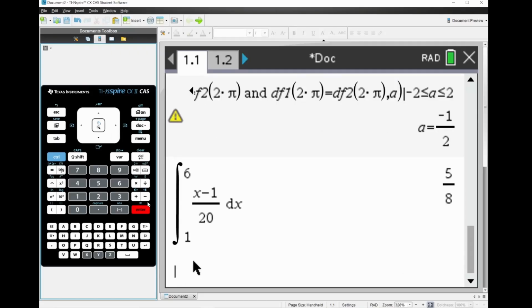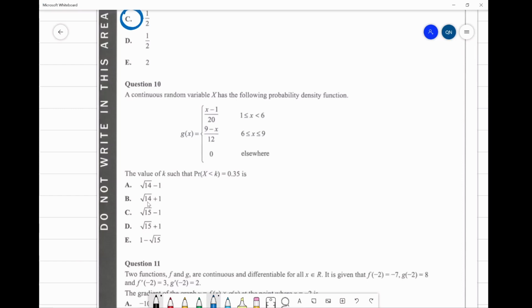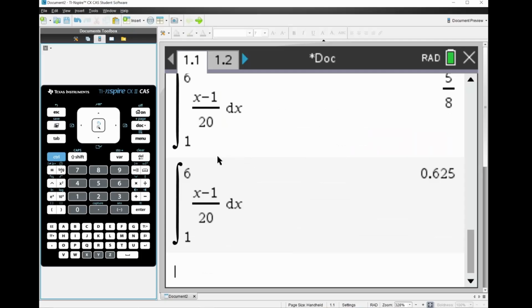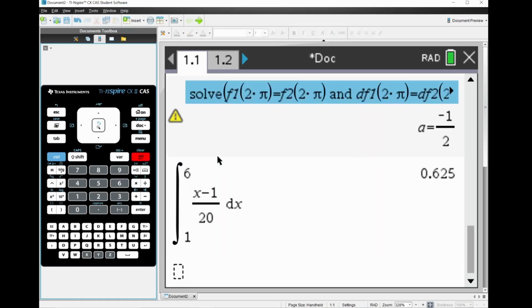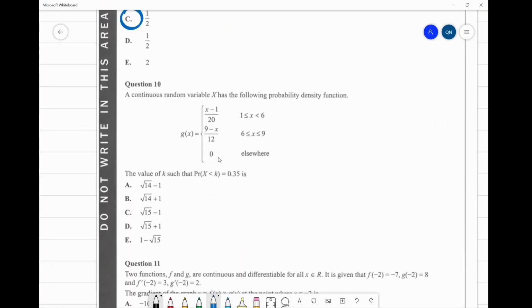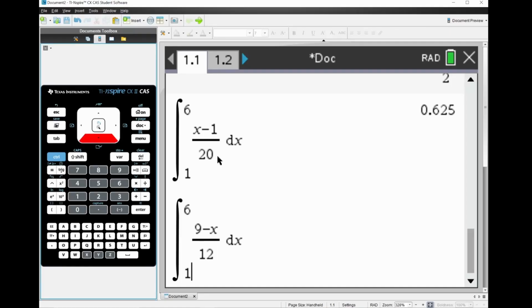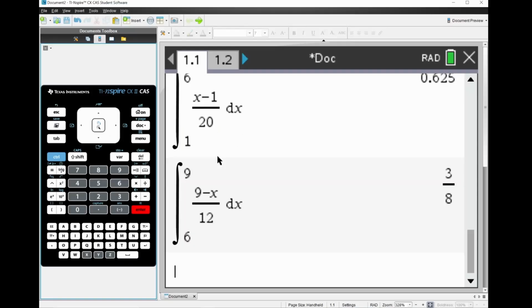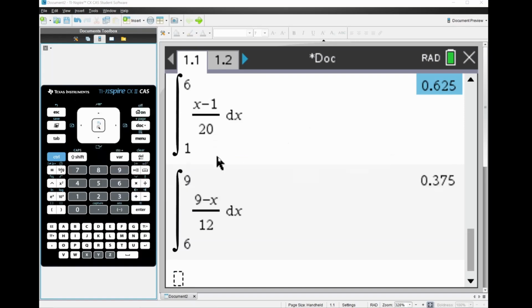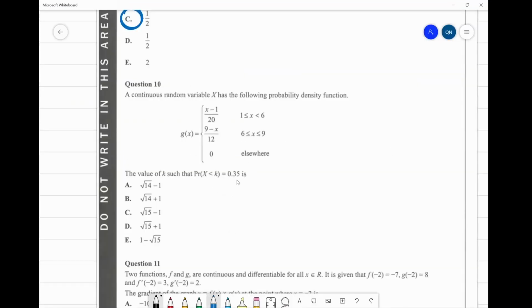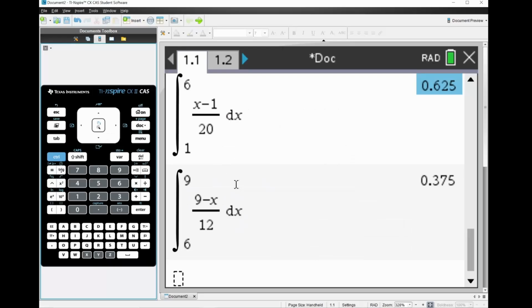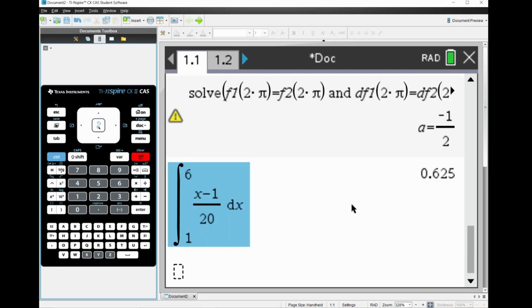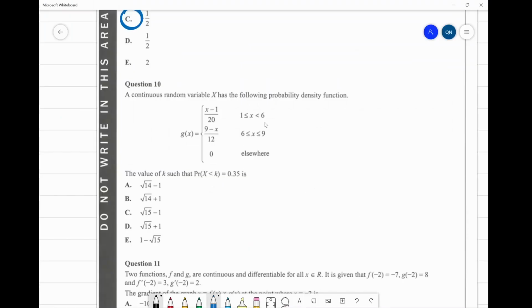Okay, this is 5/8, this is 0.62. Because that's greater, I also want to check this 9 minus x part as well, just to make sure the probabilities add up, even though they probably do. So 9 minus x over 12 instead, and now I go from 6 all the way up to 9. Yeah, that should work. Because 0.35 is less than this 0.62 probability, we know the value of k must be between 1 and 6 somewhere.